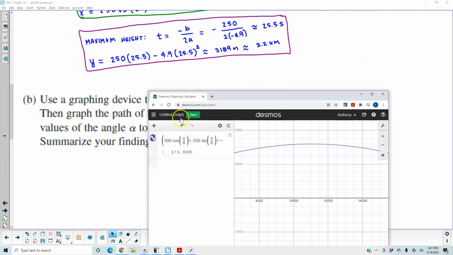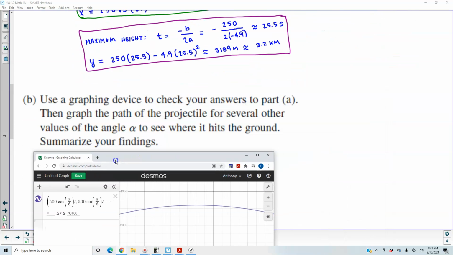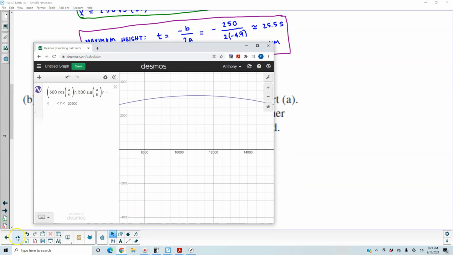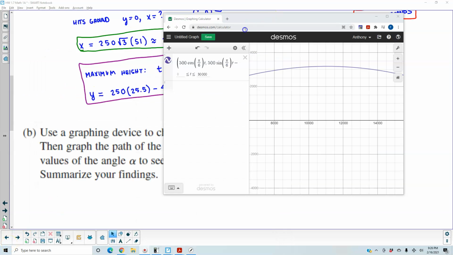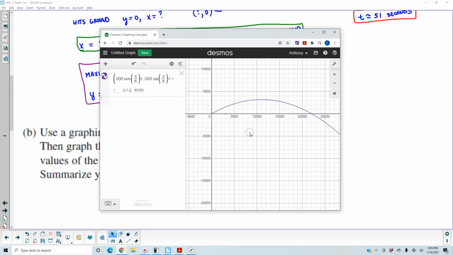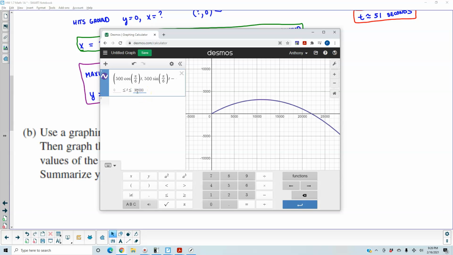Okay. So now it says here that we want to graph the path of the projectile for several other values of the angle alpha to see where it hits the ground. Right now we did 30 degrees. So let's see what happens when I put in, let's say, 50,000 here.